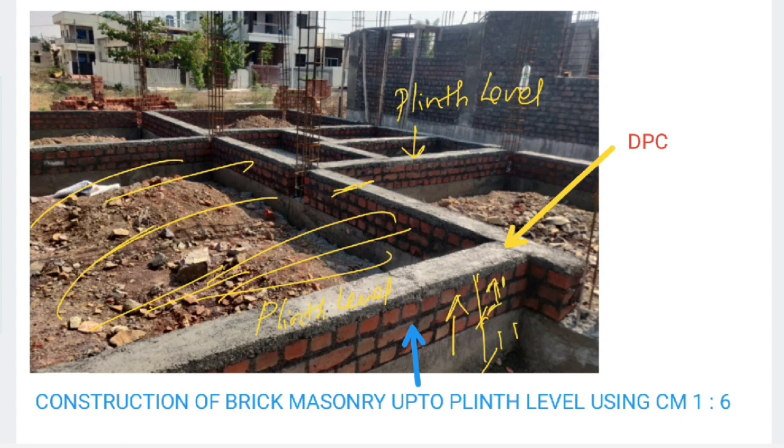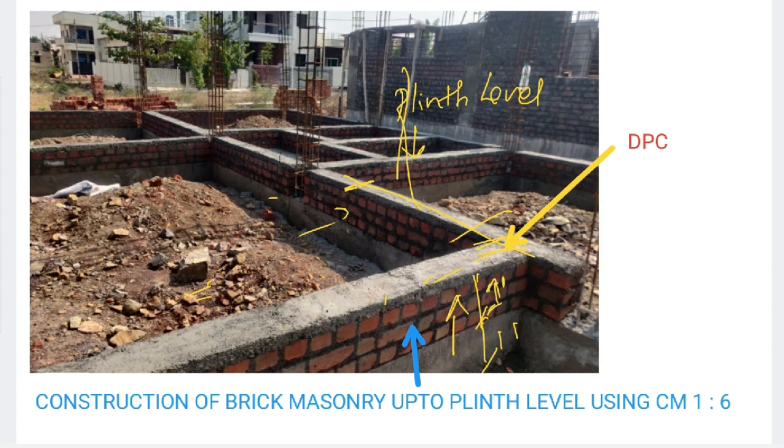As we fill the muram here, sometimes because of the moisture, the walls in the superstructure will absorb moisture. That means capillary rise will occur, and the moisture in the backfilling will be raised up to the superstructure.